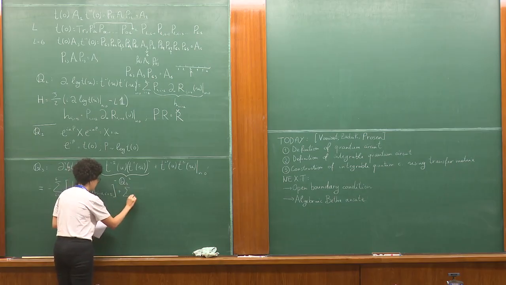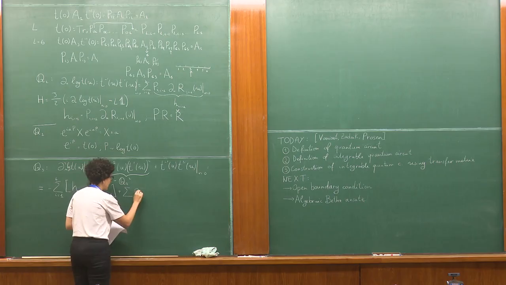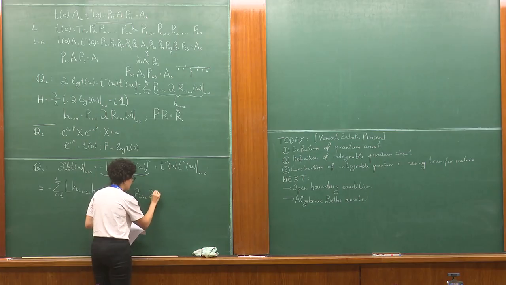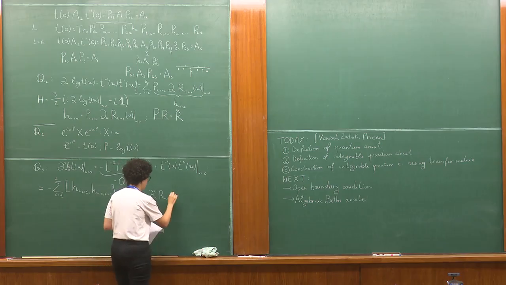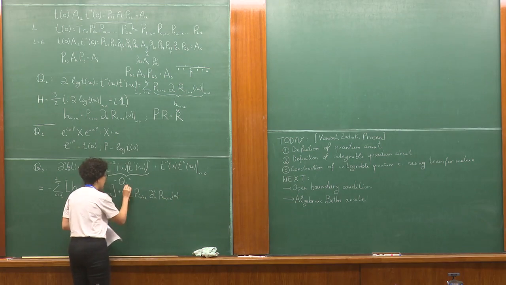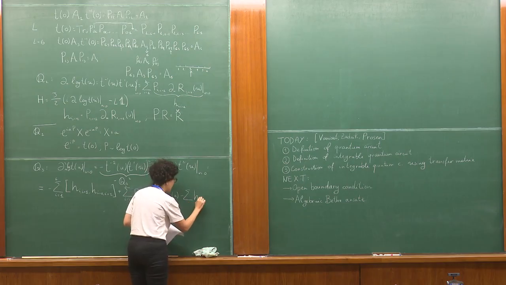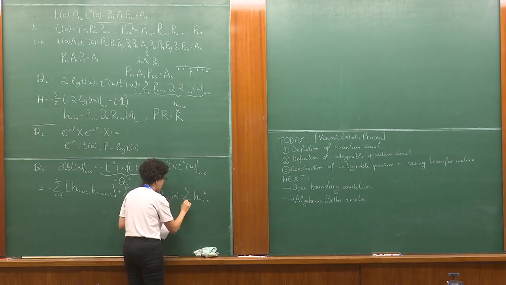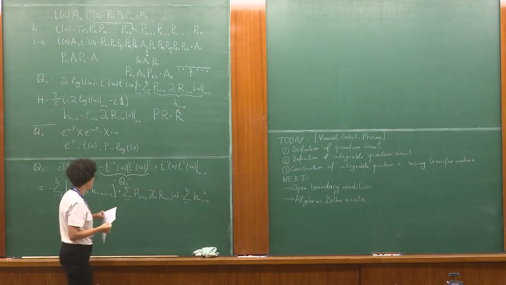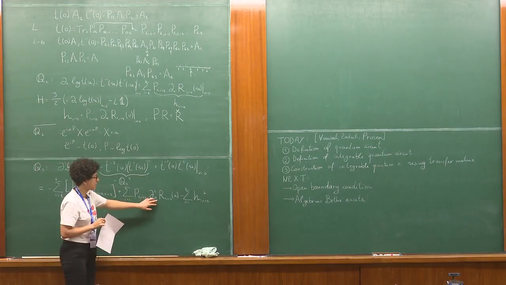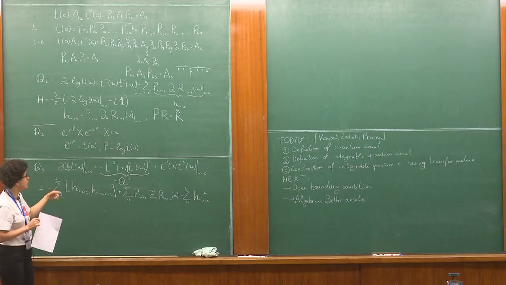There will be a sum of Pi I plus 1, second derivative U of R I plus 1, U, from always 1 to L. And then there is minus sum H I plus 1 square from 1 to L. So I think this term can be easily understood because we are taking the second derivative.